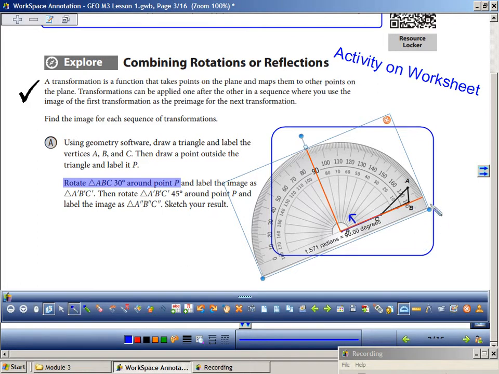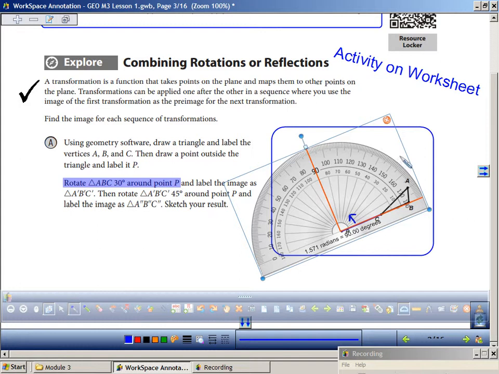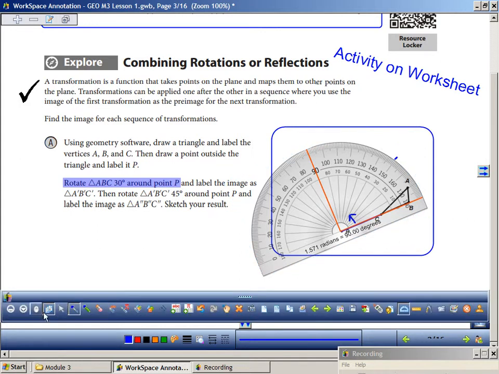If this is 0 degrees, then I would go up: 10, 20, 30 degrees, so about right there.